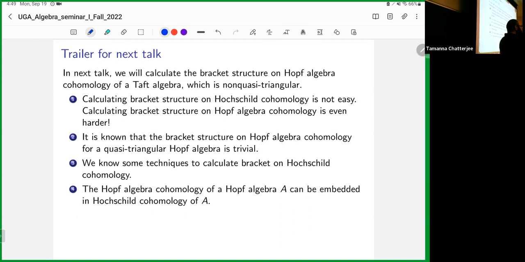I will find the bracket structure on Hochschild cohomology, and then the corresponding bracket structure on Hopf algebra cohomology. And it turns out to be zero in this case.